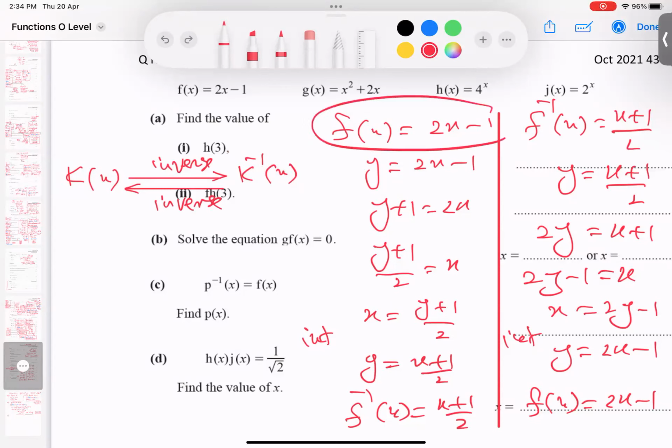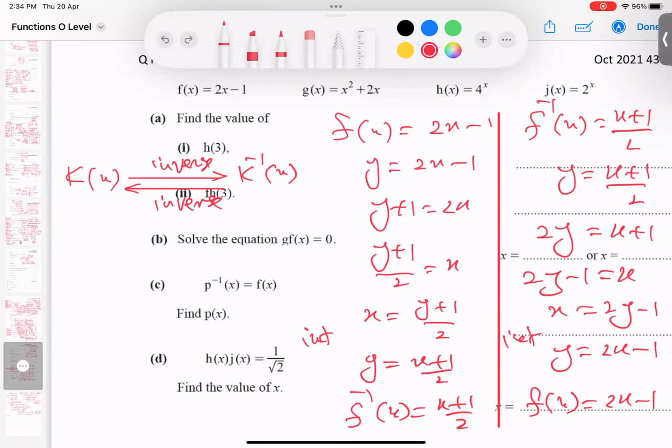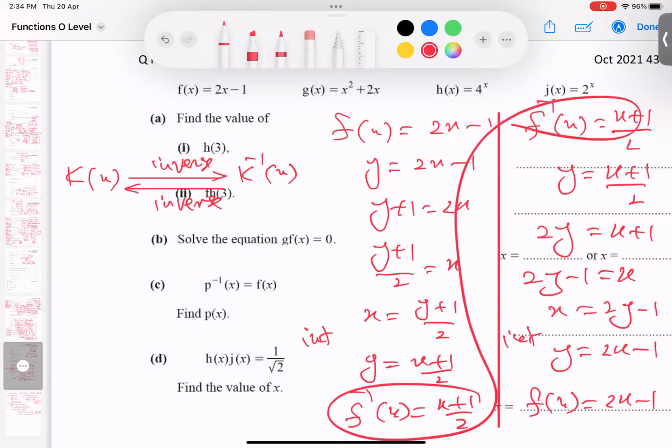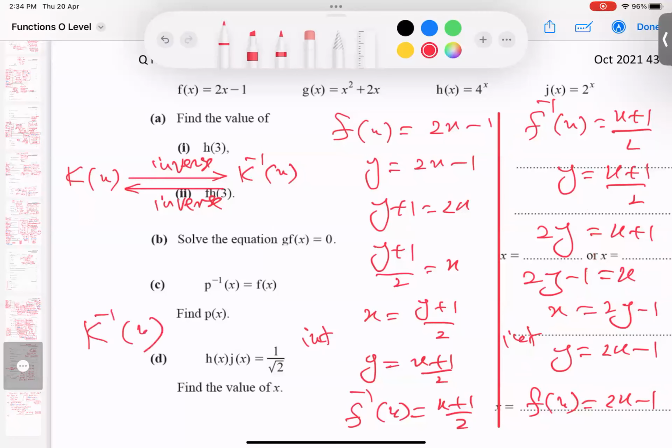As I took the function f, I found f inverse, I got this answer. Now I took this function and found the inverse, and I got this function back. So it means when I find the inverse of a function, and again the inverse, the inverse cancels automatically.